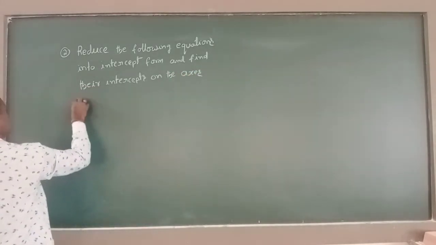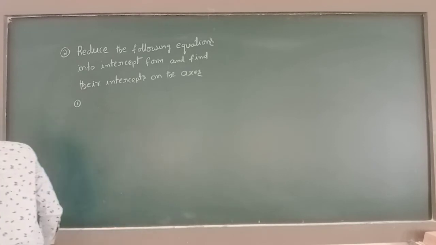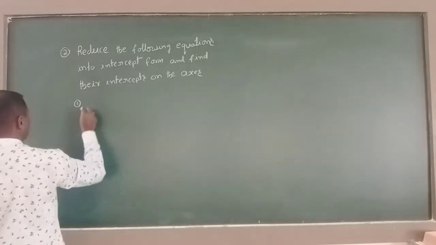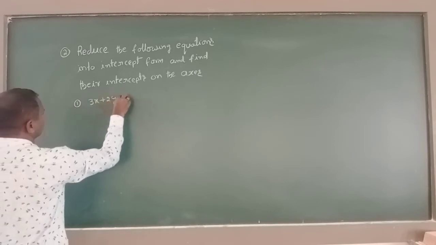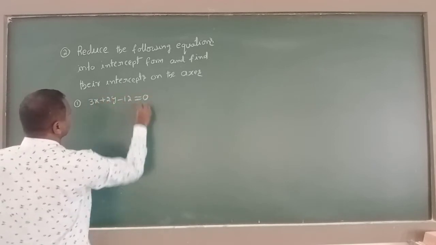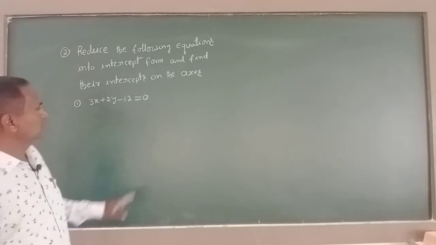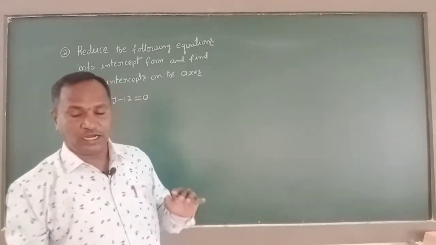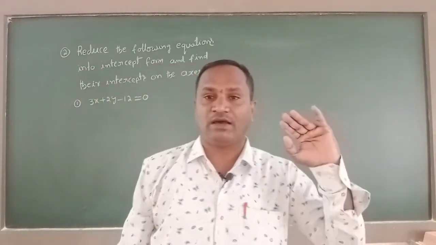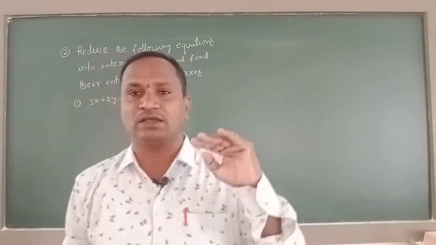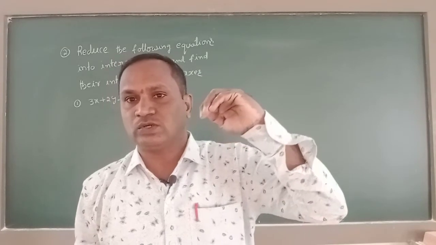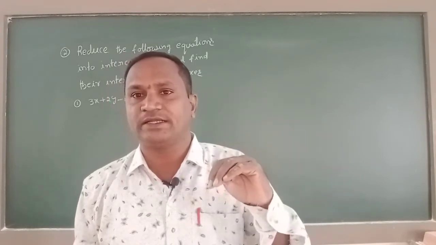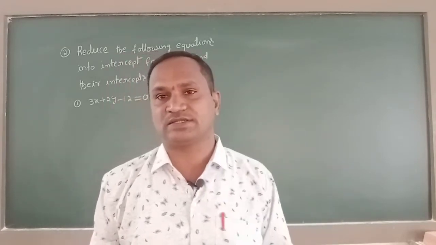First question is 3x plus 2y minus 12 is equal to 0. Before these, they asked questions on slope y-intercept form, that's why we converted those equations into slope y-intercept form in those three questions.